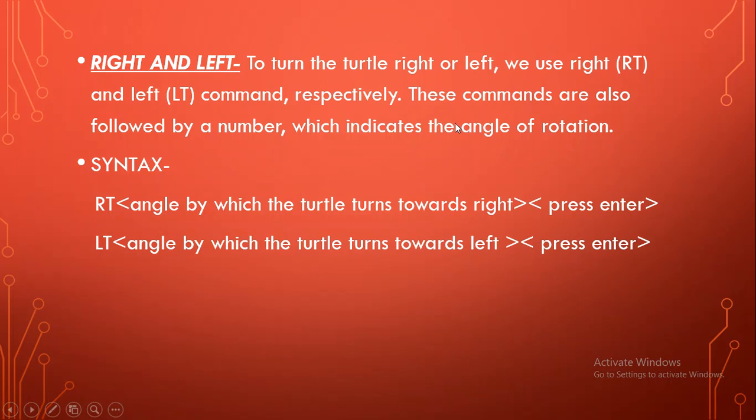Okay, you have to give an angle of rotation for moving the turtle to the right or left side. The syntax for using this command is for the right direction RT, then you have to give the angle by which the turtle turns toward the right, then press enter. And for left, you have to write LT, then the angle by which the turtle turns toward the left, then press enter. So this is the syntax for using the right and left commands.